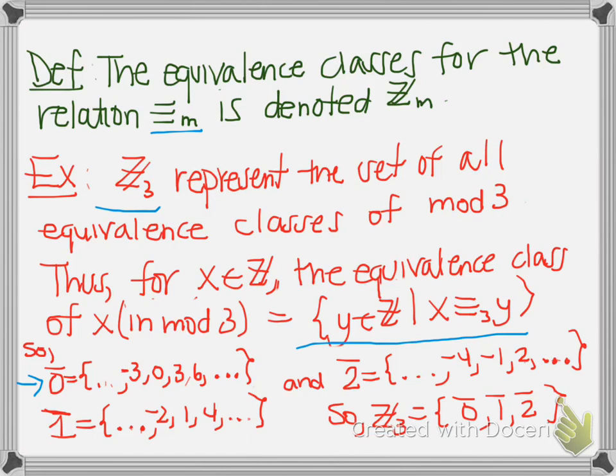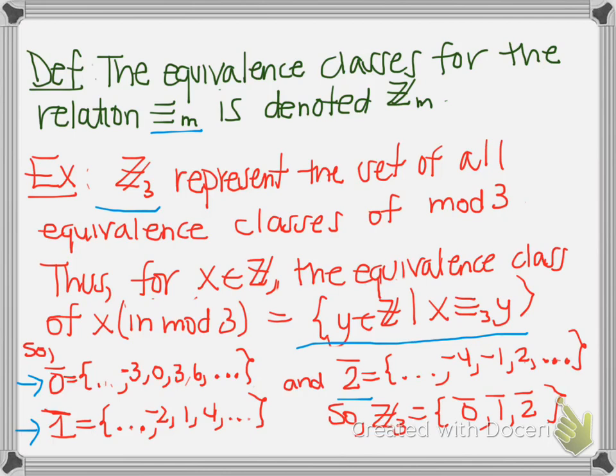The equivalence class of 1, again in mod 3, is an infinite set but it has a pattern: negative 2, 1, 4, and so on. The equivalence class of 2 equals negative 4, negative 1, 2, and so on. Therefore, Z sub 3 is equal to the set of the equivalence classes of 0, 1, and 2. It's a set of sets.